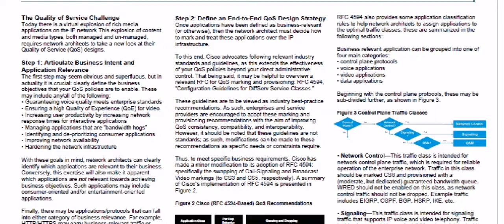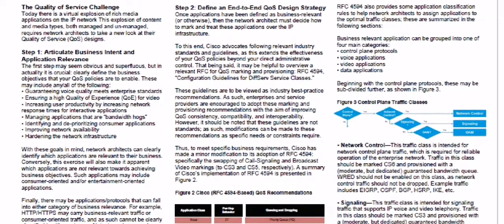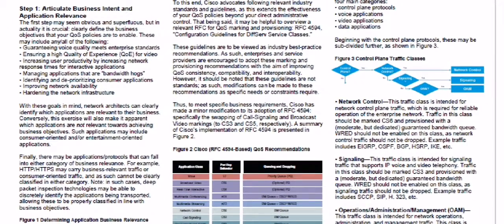Telepresence type of communication. Many companies are already using voice over IP and video conferencing to talk with their employees from their homes, from their home office. It's becoming more and more important for businesses. So quality of service has to be considered more and more, which is actually good news, because it seems like there will be more jobs, obviously, for network engineers who can apply quality of service.